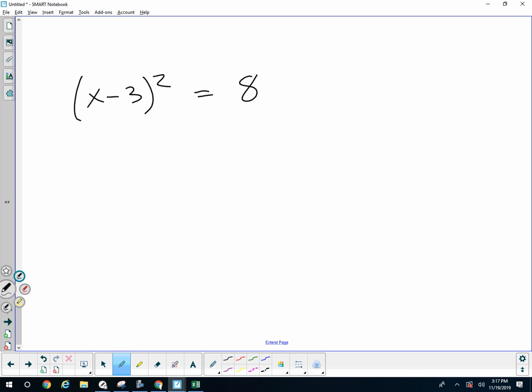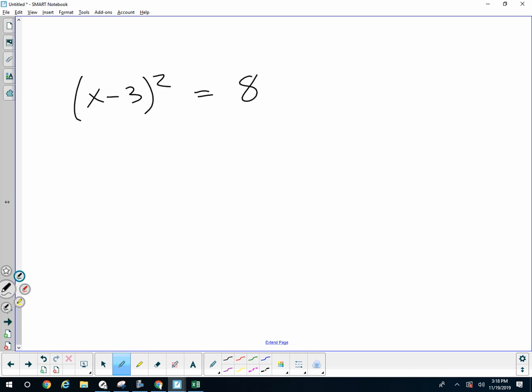You don't know what the square root of 8 is; it's not a perfect number. We could simplify the square root of 8, but honestly, I don't care if you do it or not. Instead, I would just like you to leave it as the square root of 8. But understand that it's going to be a positive or a negative root 8. But then we have to add 3 to both of them.